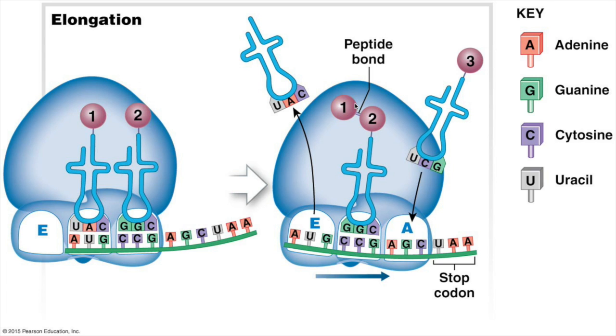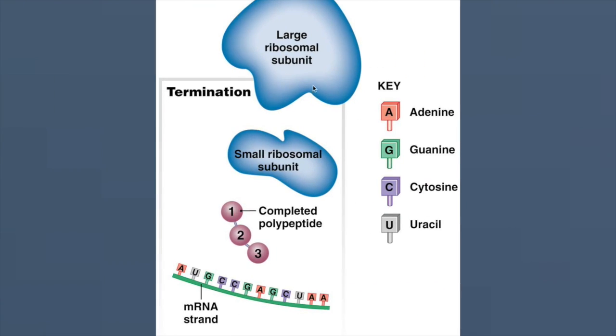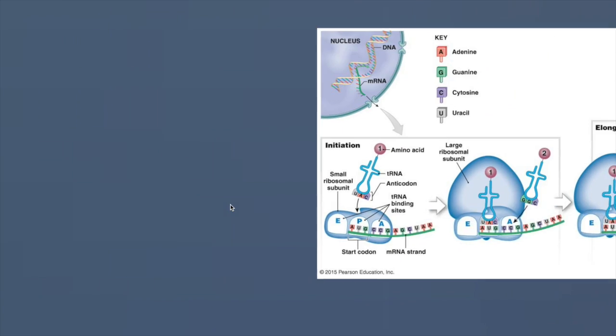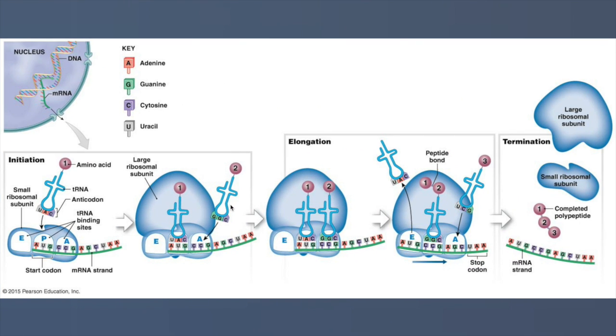And they form these polypeptide chains. And then there's a termination signal, and it stops, and our polypeptide is done. And that is the process of translation. And there's the whole process.